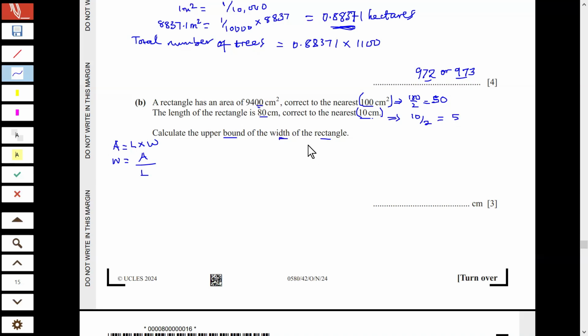So the upper bound of the width, I use UB to represent upper bound, will be equal to the upper bound of the area over the lower bound of the length.